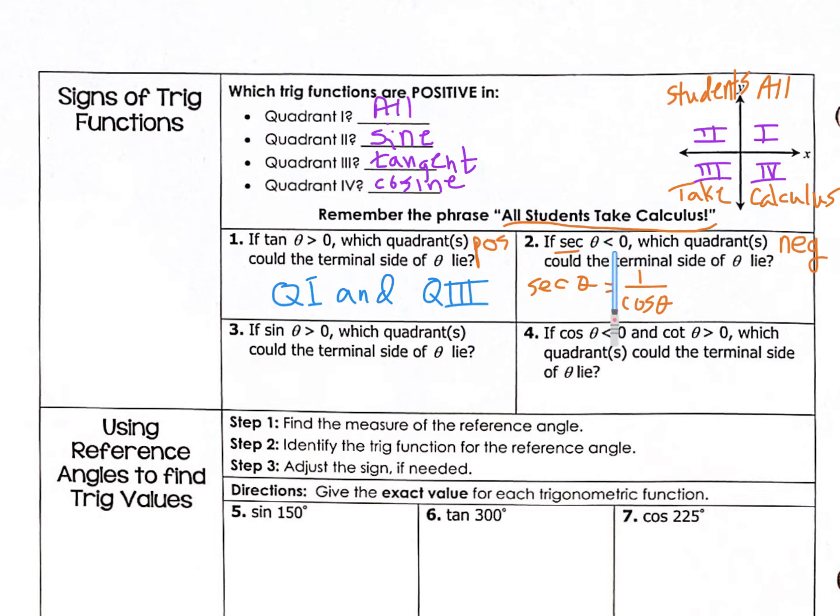It's easier for me to determine where cosine is positive. Cosine is positive in quadrants 1 and also here in quadrant 4 because of calculus. So if cosine is positive in these two quadrants, it must be negative in these two quadrants. So the answer to this would be Q2 and Q3.